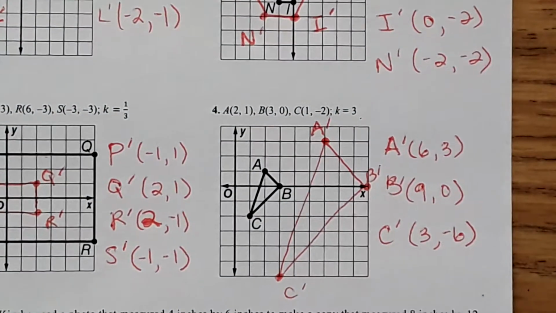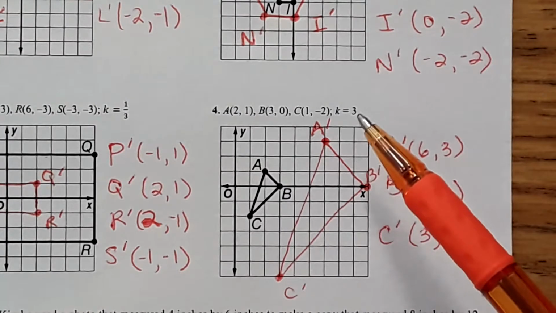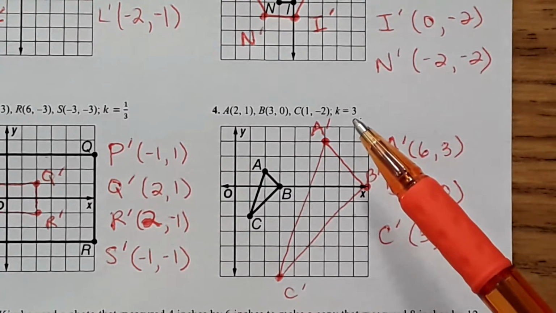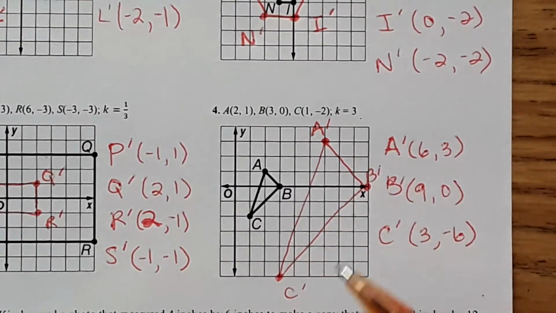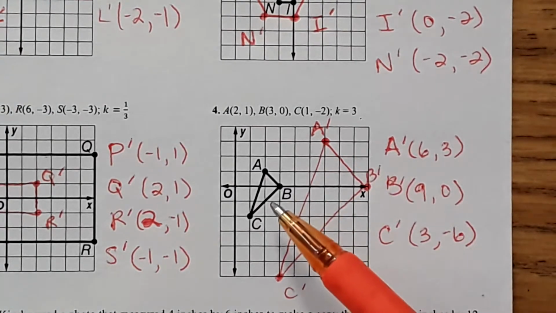Otherwise, here is the graph for number 4. The scale factor is 3. That means 3 times as large. This new triangle, A prime, B prime, C prime, is 3 times as large as the pre-image.